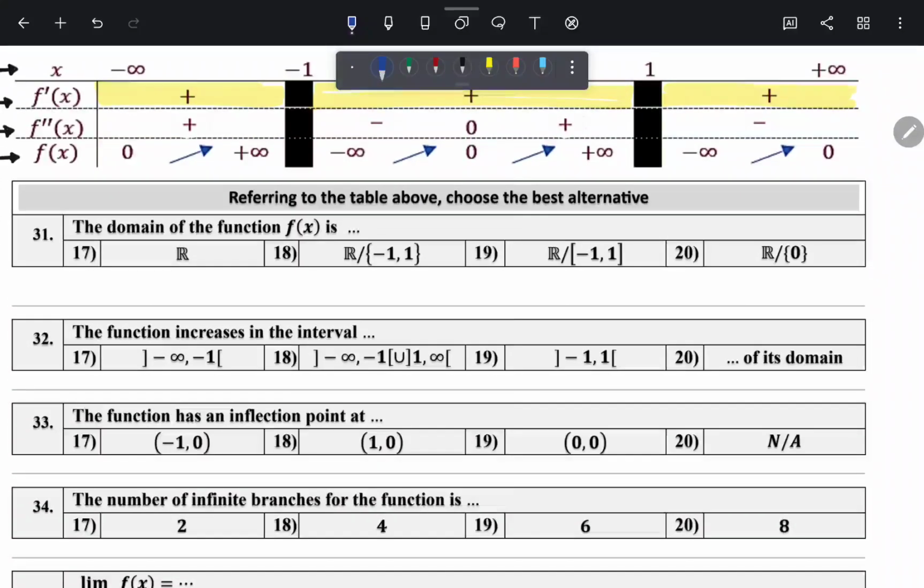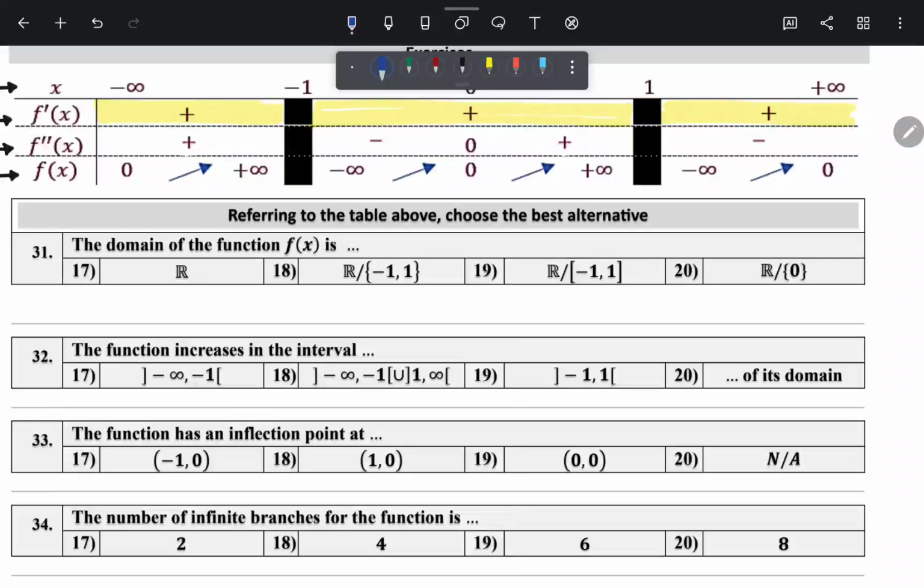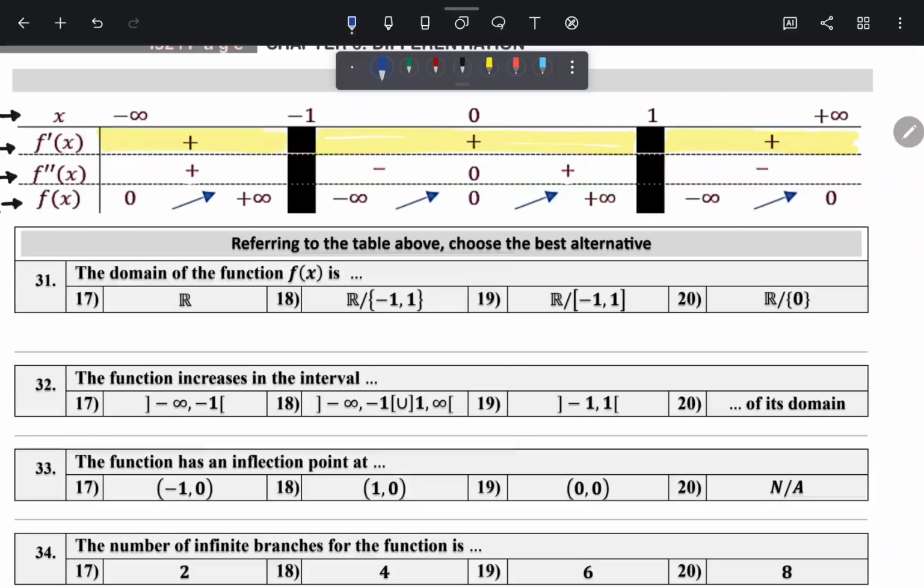So he says the function increases in the interval from minus infinity to minus 1, or from minus infinity to minus 1 and from 1 to infinity, or from minus 1 to 1, or on its domain. On its domain means all the time. Yes.